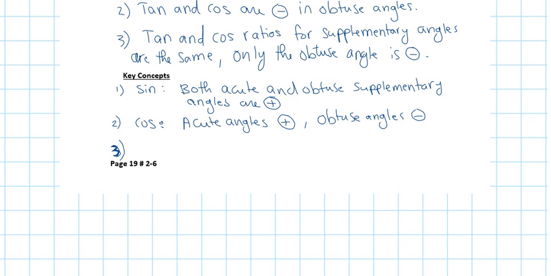So acute angles give you a positive ratio, while obtuse angles give you a negative ratio. Are we okay with that?